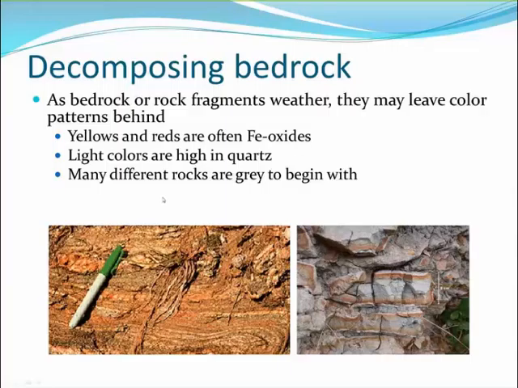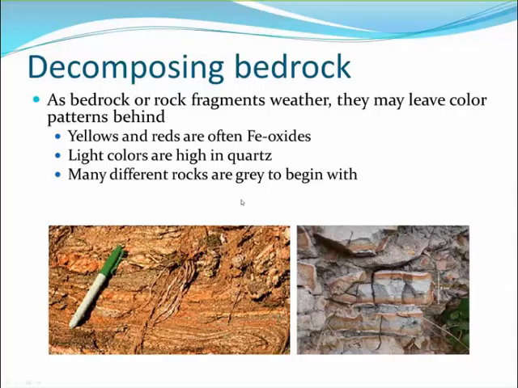So we get yellows and reds colors in decomposing bedrock, and those yellows and reds are often due to iron oxides. Oranges, other colors. The light colored bands in here are primarily due to quartz.